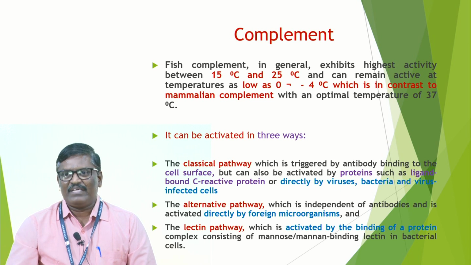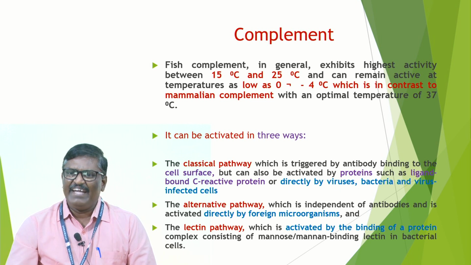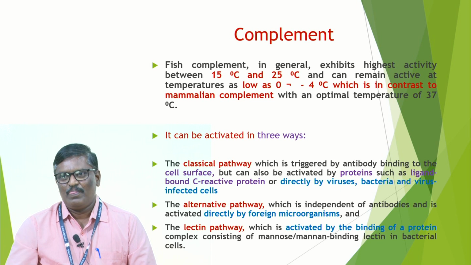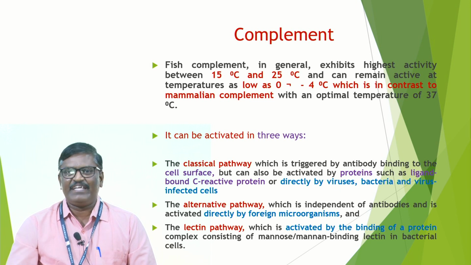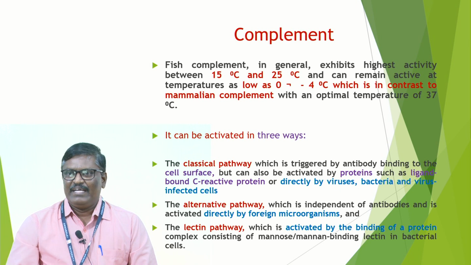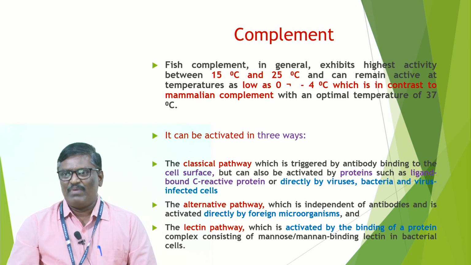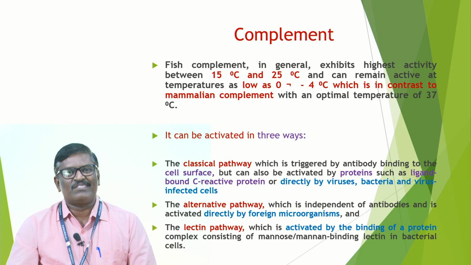The classical pathway is triggered by antibody binding to the cell surface, but can also be activated by proteins such as ligand-bound C-reactive protein, or directly by viruses, bacteria and virus-infected cells. So this method is called the classical pathway.